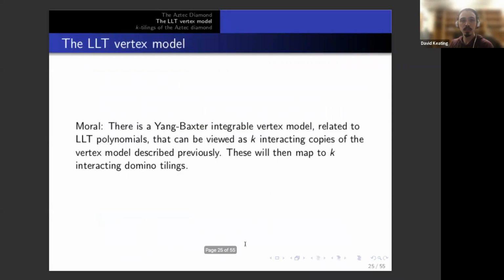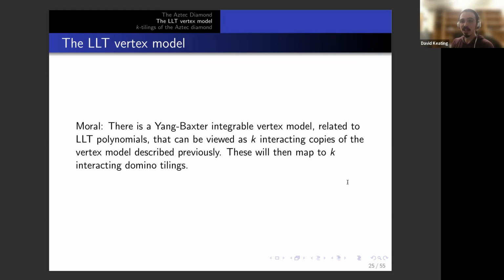Okay. And now I'm going to go into some detail on the weights. But if you get bogged down, the moral of this little section of the talk is that we have a Yang-Baxter integrable vertex model. It happens to be related to LLT polynomials. It can be viewed as K interacting copies of what we did previously. And we can just map these to K copies of domino tilings that are also interacting.